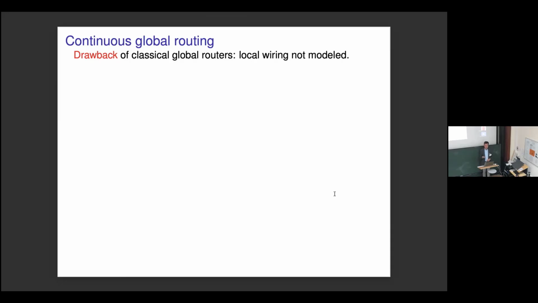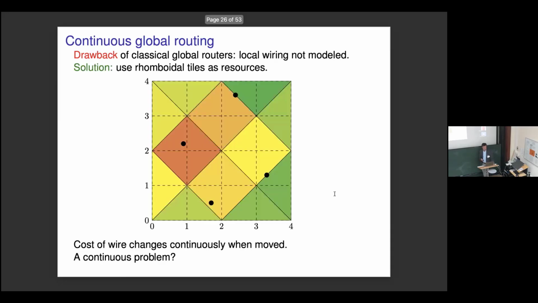And that of course simplifies the model and makes it quite inaccurate and is not so nice. So here's a new approach to global routing, which we called continuous global routing. And so it fits very nicely into this workshop. The solution to this problem is to rotate the tiles by 45 degrees. So here now we have rhomboidal tiles.